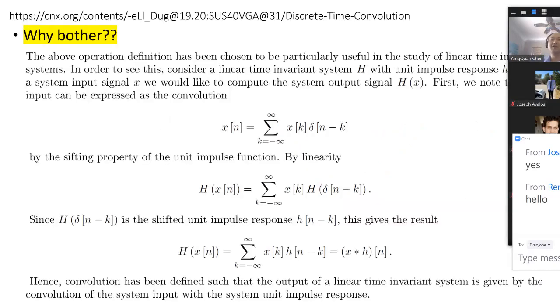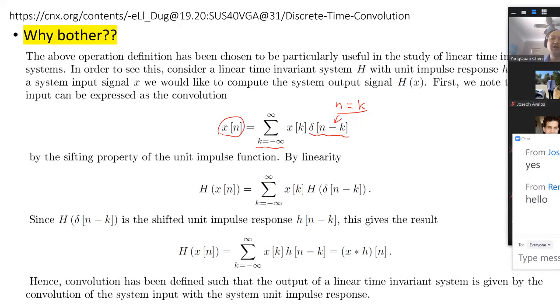So why bother with discrete time convolution? This is the reason: with a discrete impulse, you do this multiplication infinitely. It is non-zero only when n equals k; otherwise it's 0. So then you only have x[n] left.